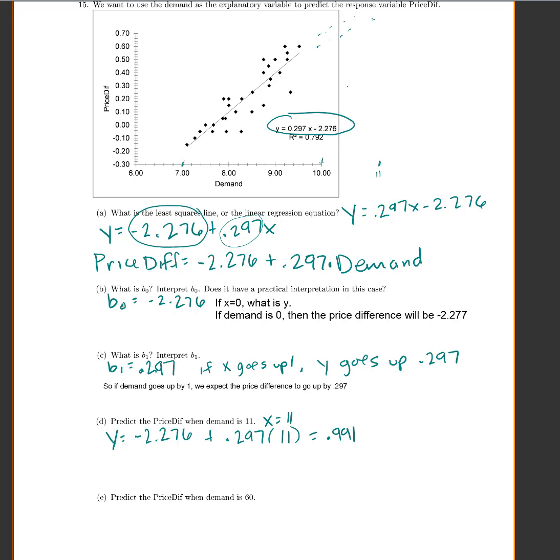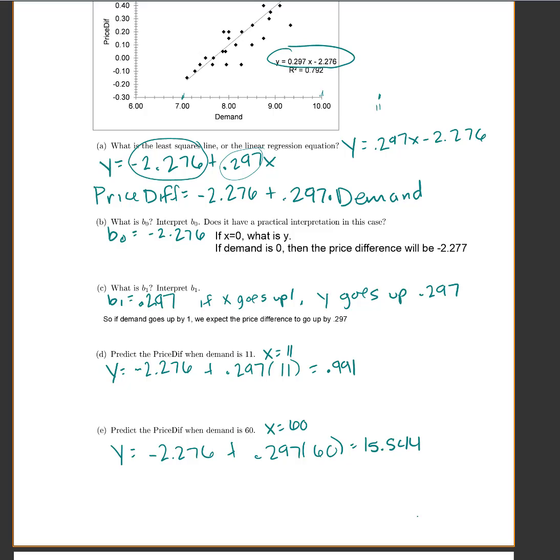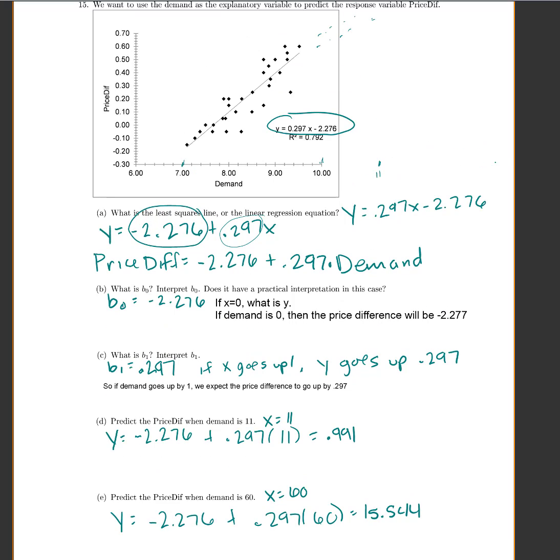What about when demand is 60? Here's x equals 60. So y is going to be negative 2.276 plus 0.297 times 60, which is 15.544. But note that 60 is way, way off the charts.